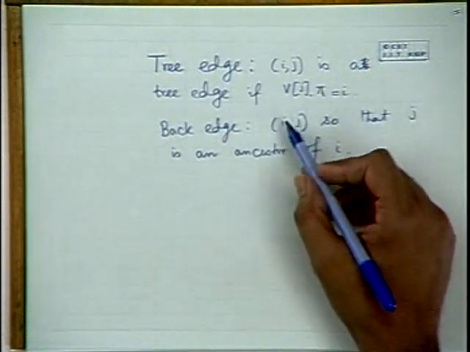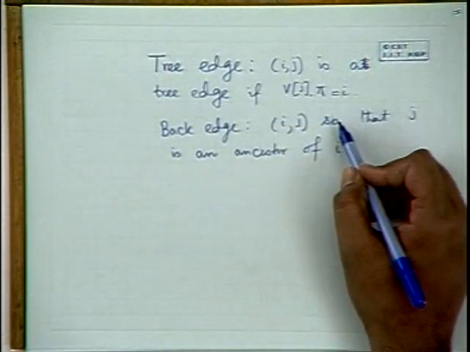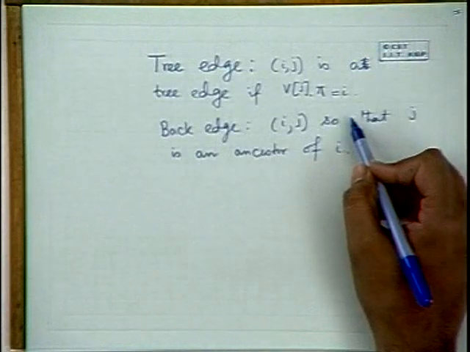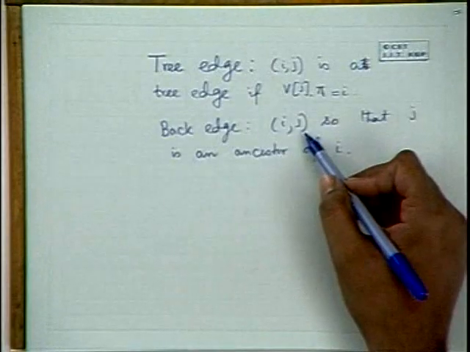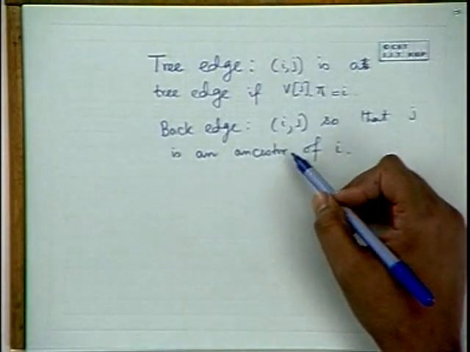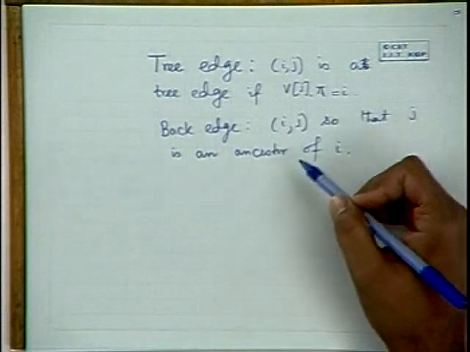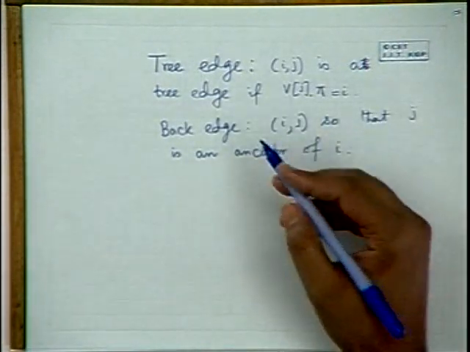So if you draw only the tree edges, it gives you a tree. Actually, if there are more than one component, it will give you a spanning forest. So in that spanning forest, we can talk about children, we can talk about descendants, which are also ancestors. So a back edge is Ij such that j is an ancestor of i. So you are going up the tree, it means.